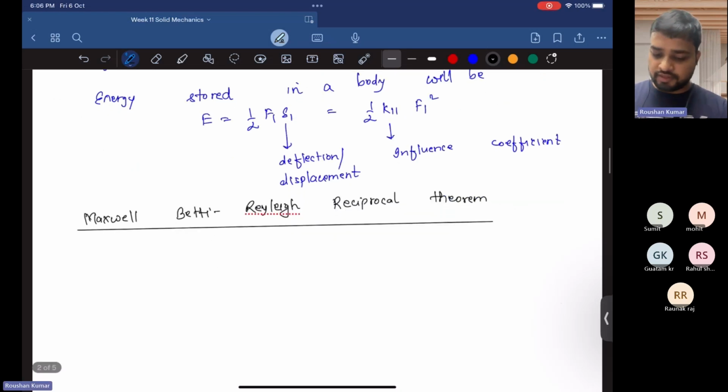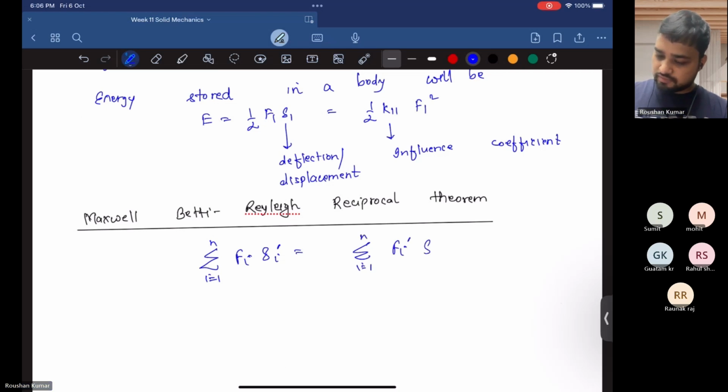Okay, so this theorem states that work done by forces, so I basically write the simple formula, that is summation of all the forces acting on a body times displacement is equal to summation of all the forces times displacement. Here I wrote two different types of forces, Fi and Fi dash, and in the same way I wrote two displacements, that is delta i dash and delta i. So it means that the work done by forces in situation 1 through the corresponding displacement of situation 2 equals the work done by forces in situation 2 through the corresponding displacement.